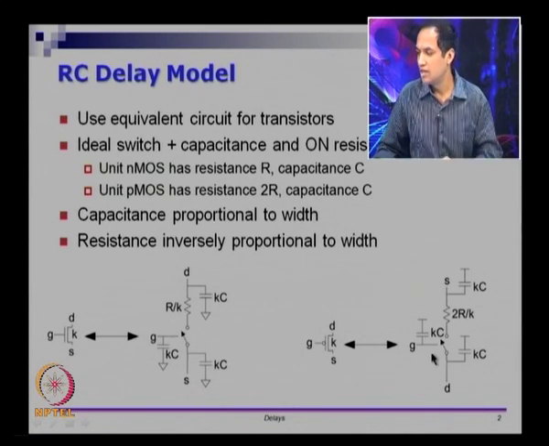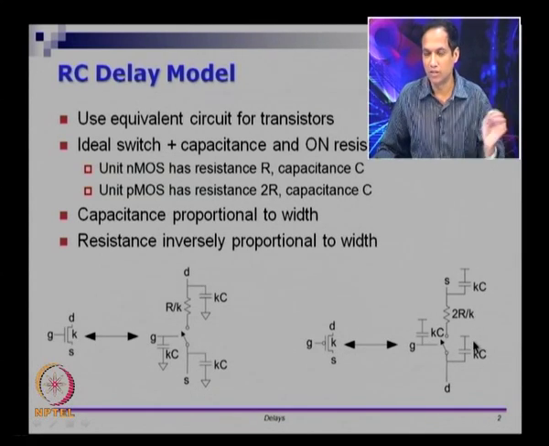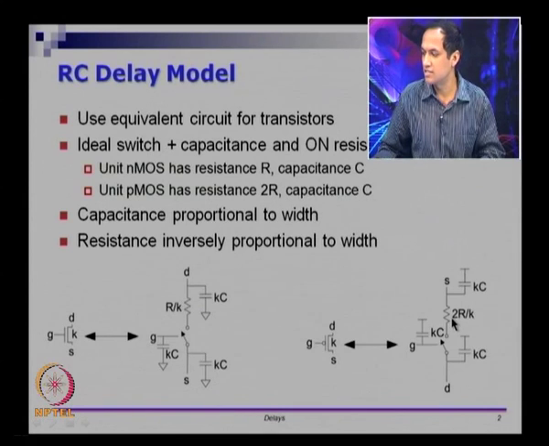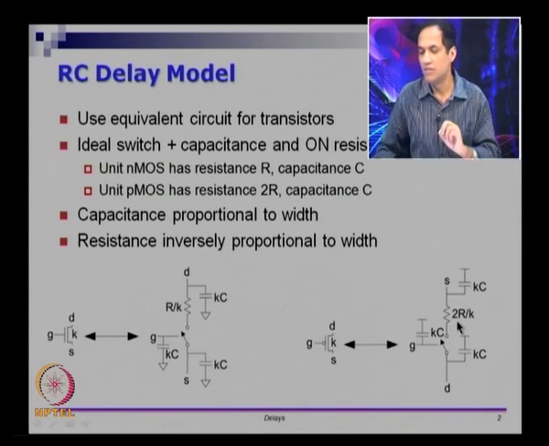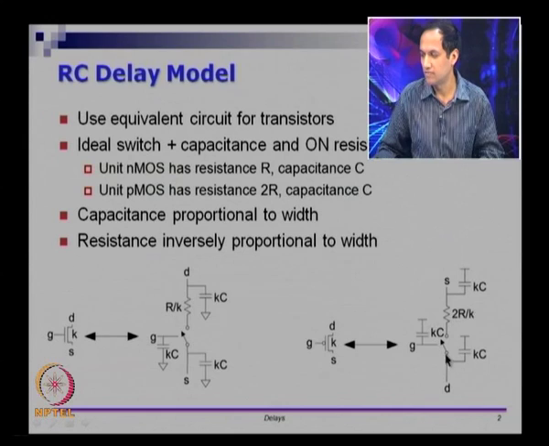If I put k equal to 1, I have 3 capacitors for the 3 terminals and one resistor which has an equivalent resistance of 2R. So, for an equivalent NMOS you will have twice the resistance, right.